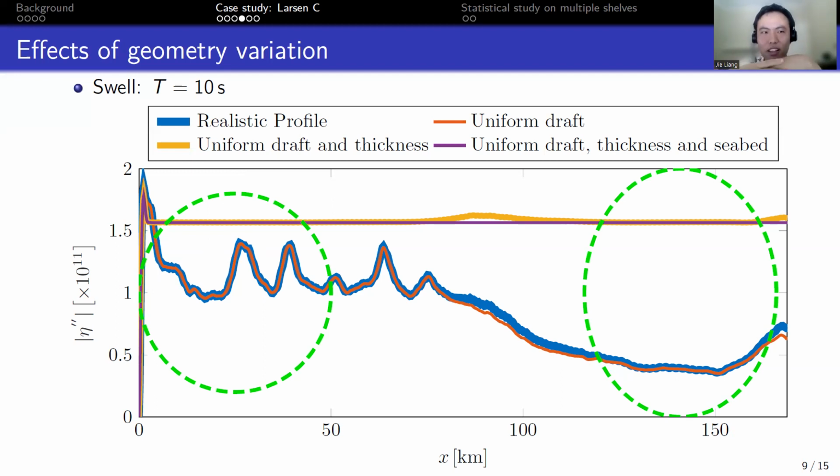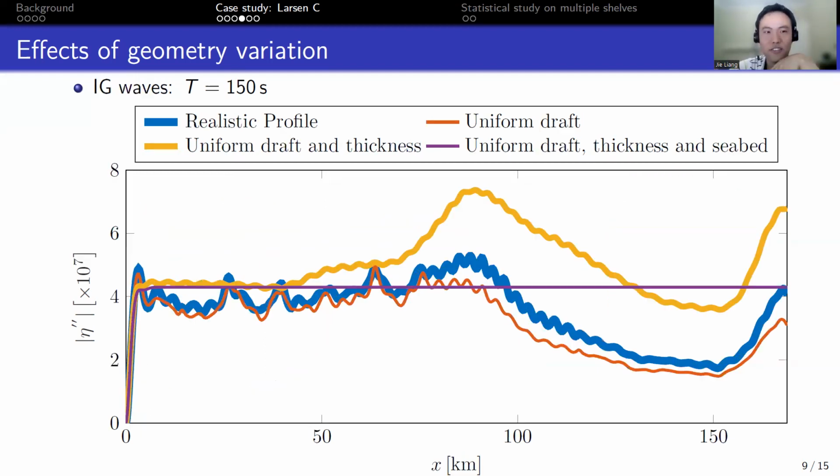Now we move on to the IG waves, or infragravity waves, and I pick a T of 150 seconds. In this case there are a lot of things going on. What I really want you to focus on is the orange one and the yellow one.